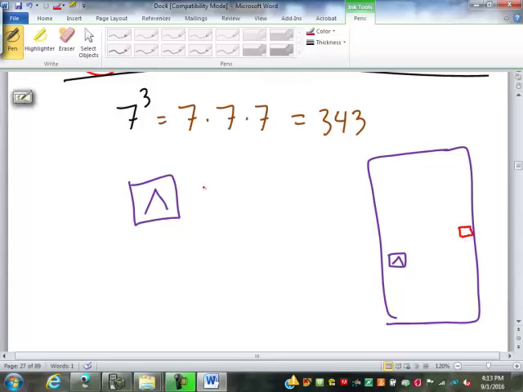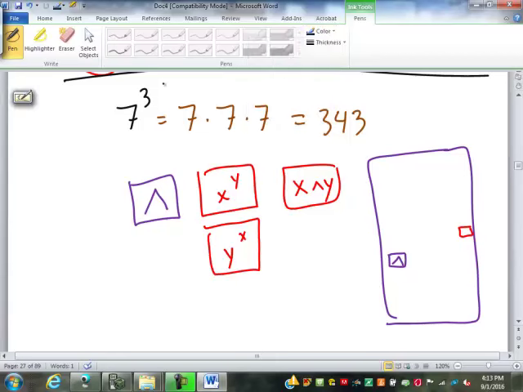And it's either x to the y or y to the x. If you're using a cell phone calculator, most cell phones use one of those as well. They might actually look like this. It's the same thing. That's x to the y. So to enter this in your calculator, 7 to the third power, you type in 7, press whatever key you have, and then 3, and hit equals.